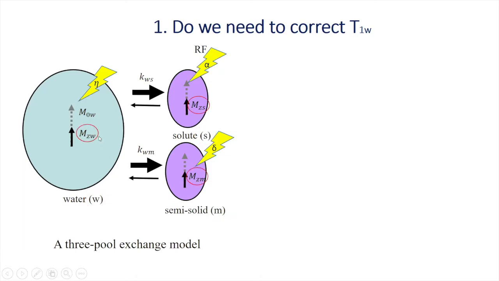We have MZW, MZS, MZM representing the longitudinal magnetization of the three pools respectively. And we also have eta, delta, and alpha representing the acceleration or labeling efficiency of the RF pulses on these three pools respectively. And we also have KSW and KWM, which represent the chemical exchange from the water to solute and from water to semi-solid pool respectively.